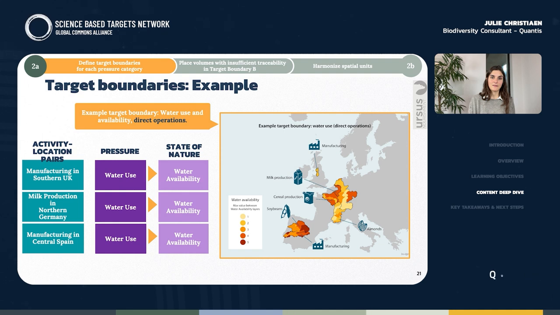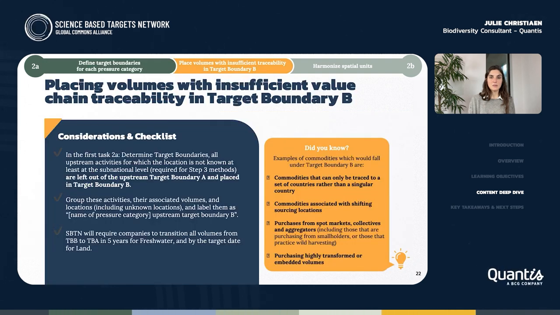In Step 2A Task 1, any upstream activities where locations are not known at subnational level and for which it isn't feasible to achieve this level of visibility over the value chains in the short term should be left out of target boundary A and placed into target boundary B. These activities and locations in target boundary B will be excluded from all subsequent tasks in Step 2 and Step 3.